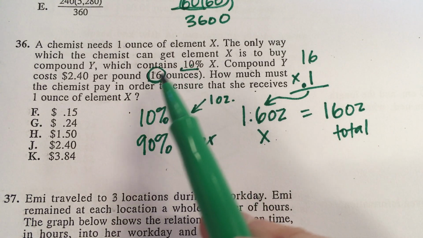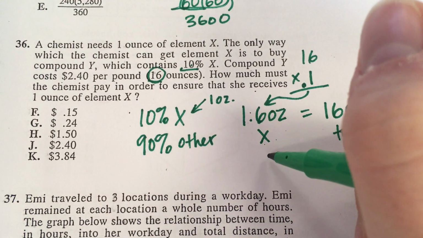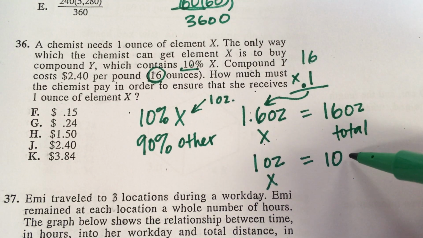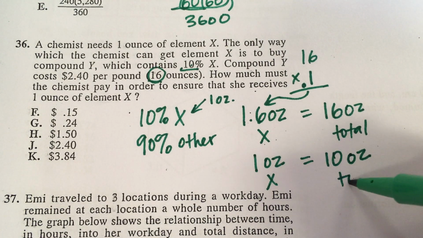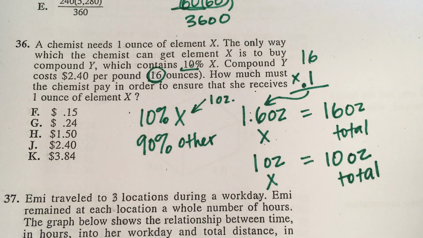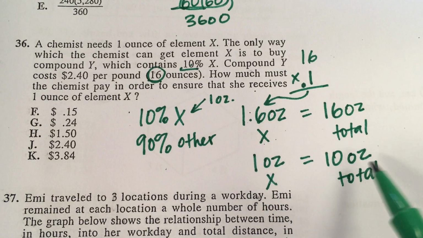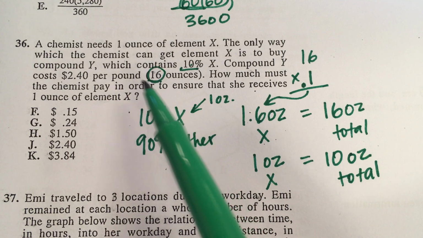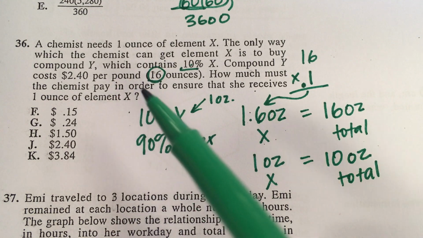If it's 10% and I want to get 1 ounce, then 1 ounce of X would give me 10 ounces of the total, right? So 1 ounce to 10 ounces total. So if I want 10 ounces total, I don't want the full 16 ounces. I only want 10 out of the 16 ounces.